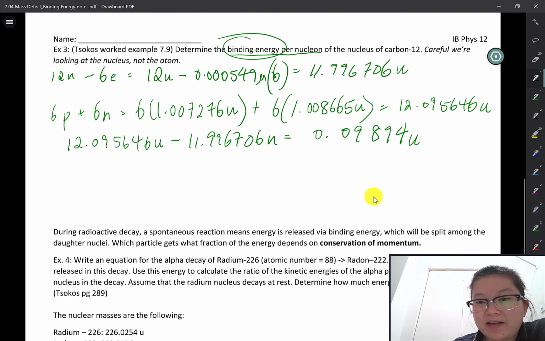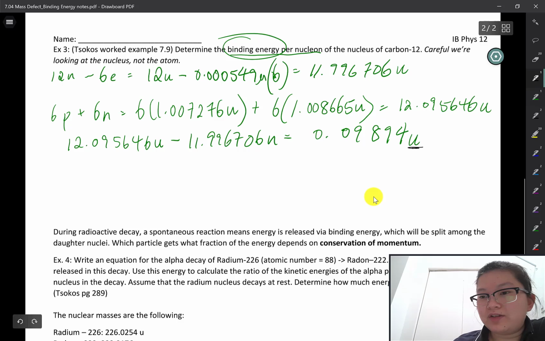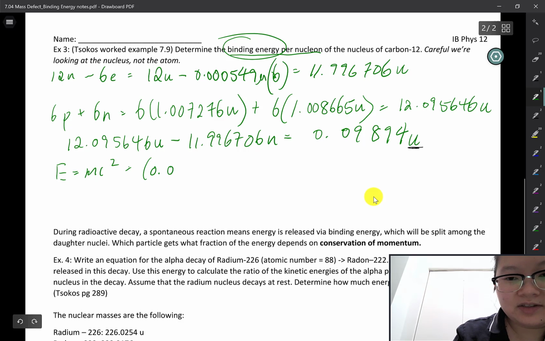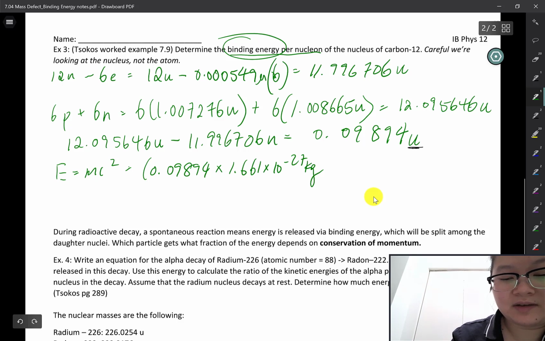To figure out the binding energy, we need to multiply this by the mass of one atomic mass unit, and later on convert that to an amount of energy. I'm just going to do it in one go. E equals mc squared, in which my mass is going to be 0.09874 atomic mass units, times the mass of one atomic mass unit, which is 1.661 times 10 to the power of negative 27 kilograms.